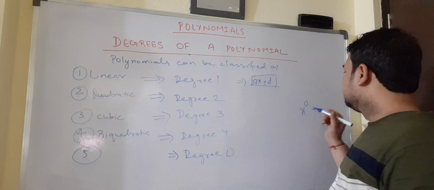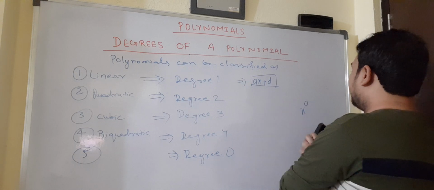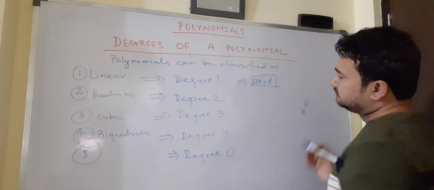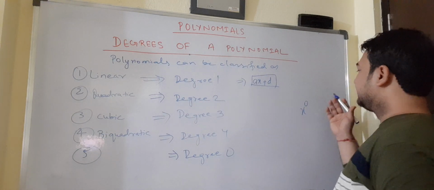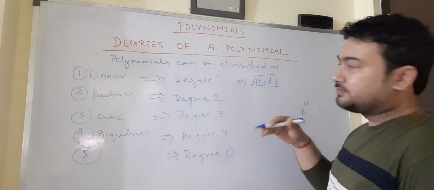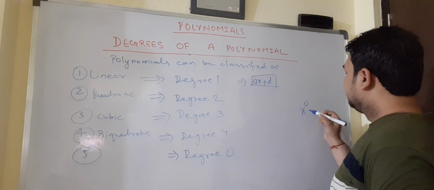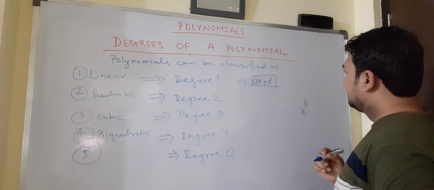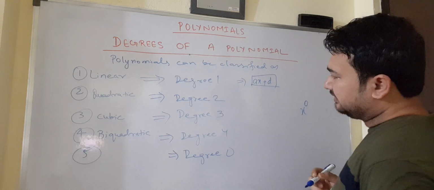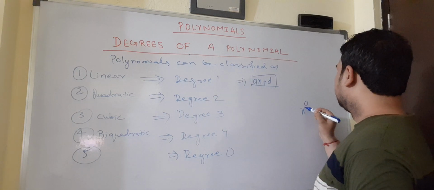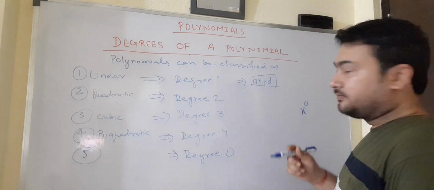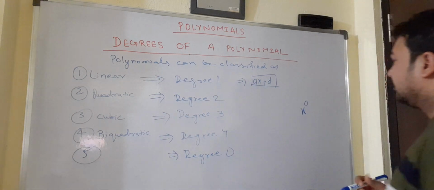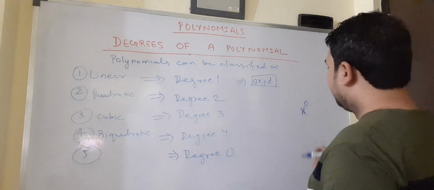So we can only have x to the power 0. We cannot exceed this power. We cannot go below this power. So the only variable will be x to the power 0, or any variable to the power 0.